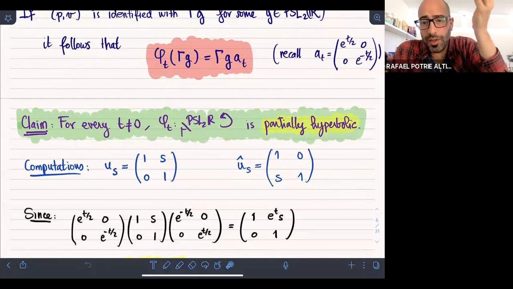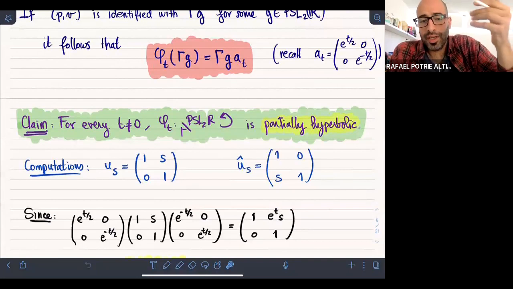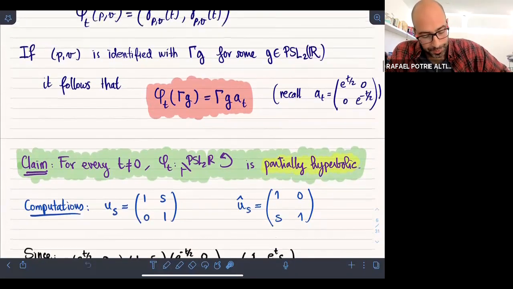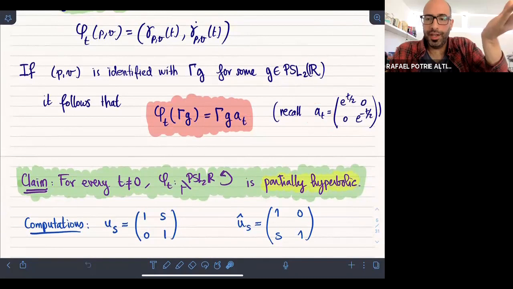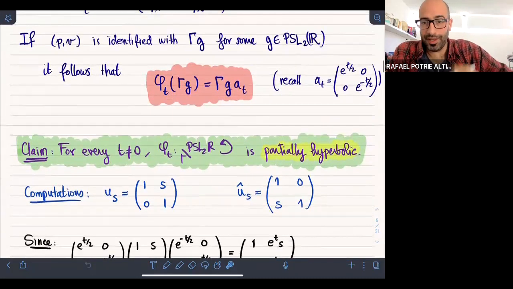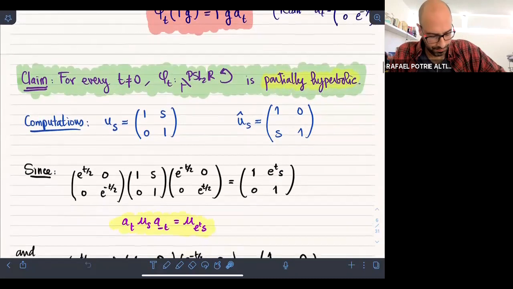And so essentially what I will be doing is computing. If you know Lie algebras, what I will be doing right now is computing the adjoint action of A_t on the Lie algebra. And this will be exactly the computation I'm making, but I will do it with a different point of view, but it's exactly the same.